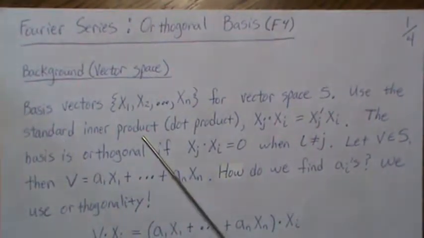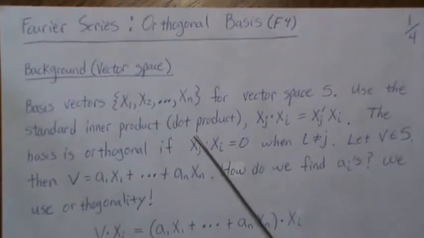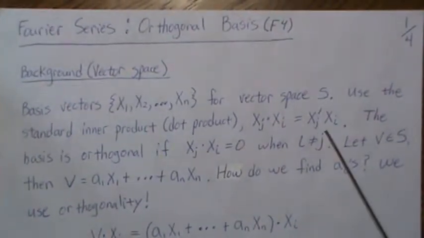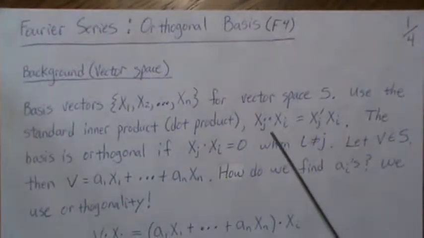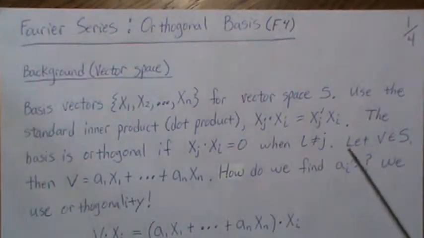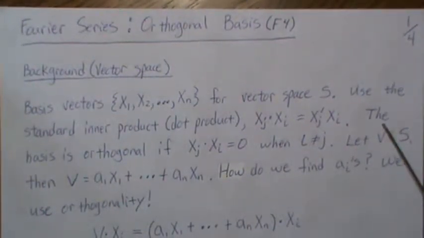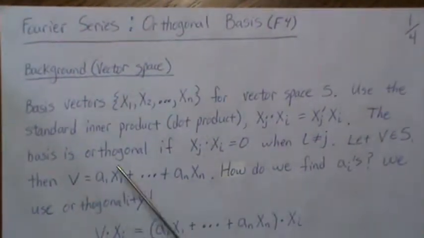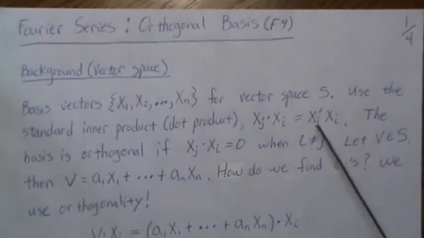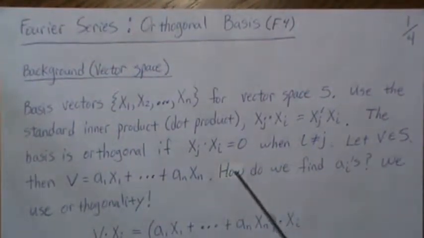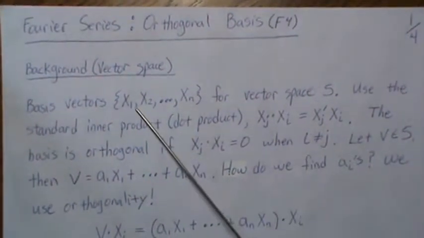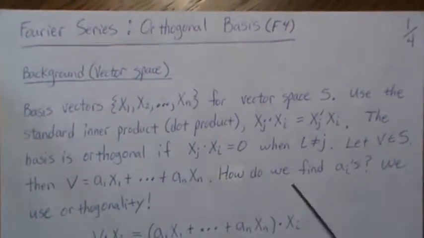Here we're going to use the standard inner product, often called the dot product, which is just this: xj dotted with xi is just this linear combination. We call the basis orthogonal if the dot product of any two of these is zero when they're not the same, and of course non-zero when you dot it with itself.